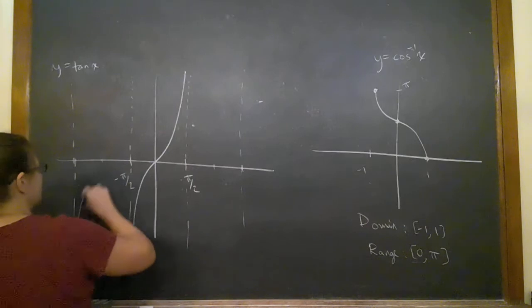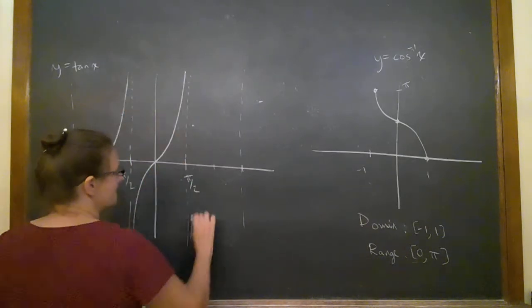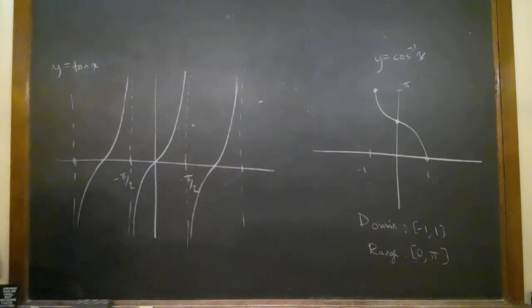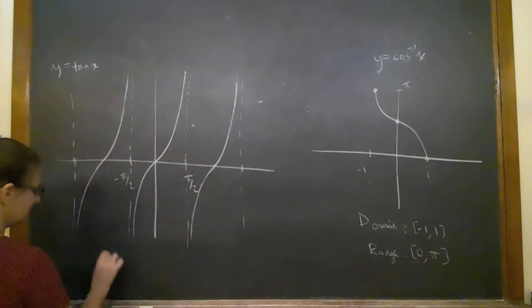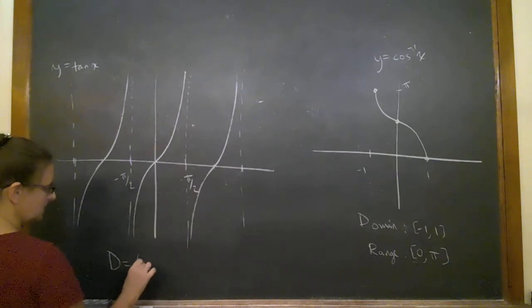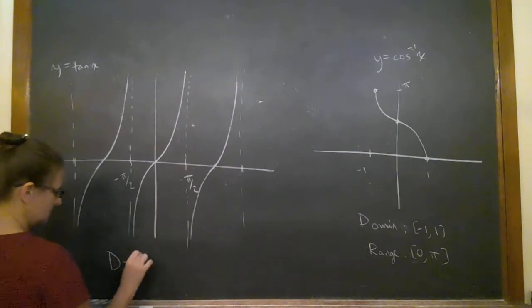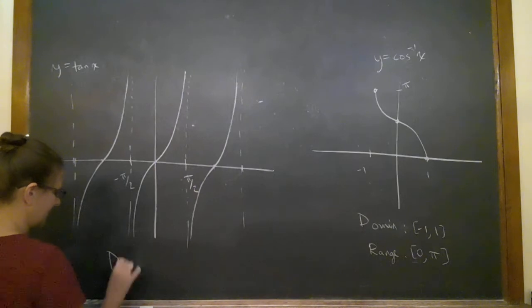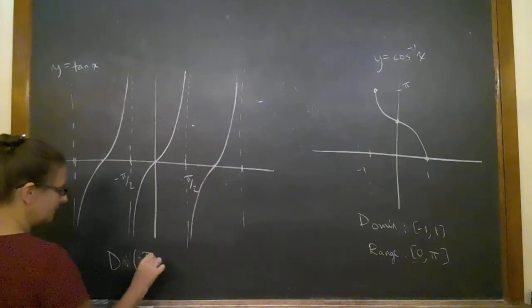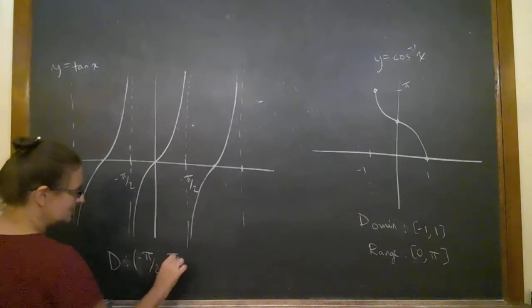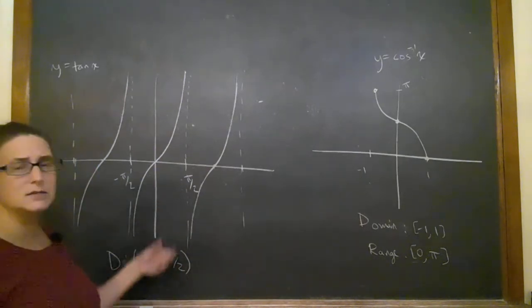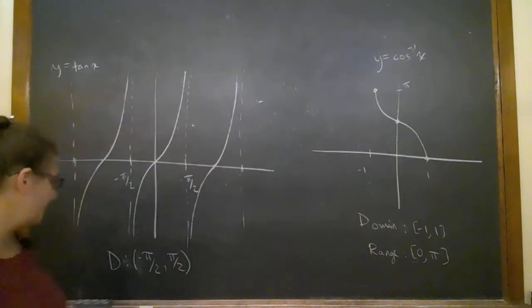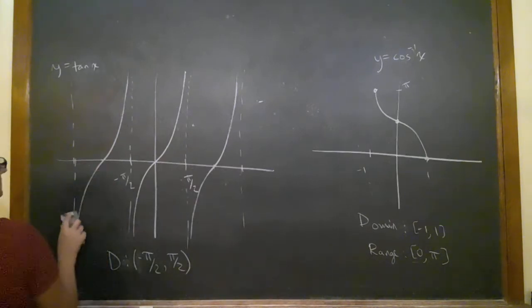Now we've got all these guys out here. My friend tangent. Of course, the sensible thing is just to pick this one in the middle, right? So we restrict the domain to be -pi/2 to pi/2. In this case, of course, it's an open interval because these are asymptotes. I never get to the pi/2 and -pi/2.